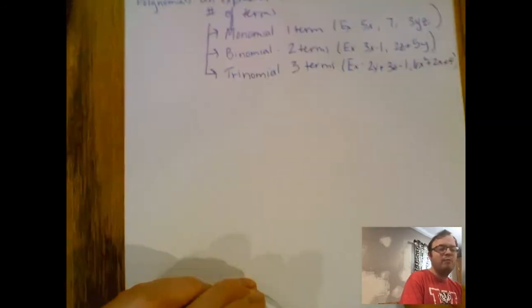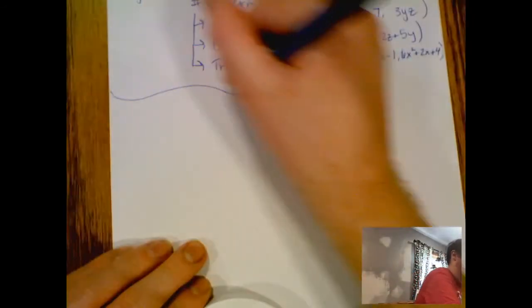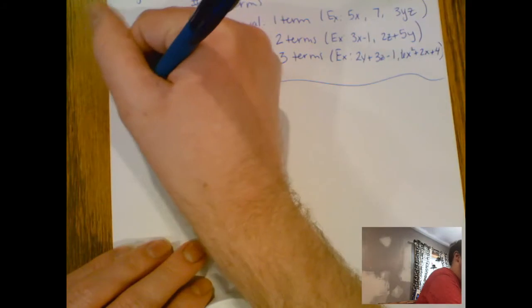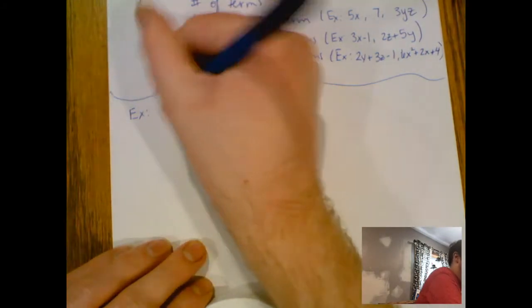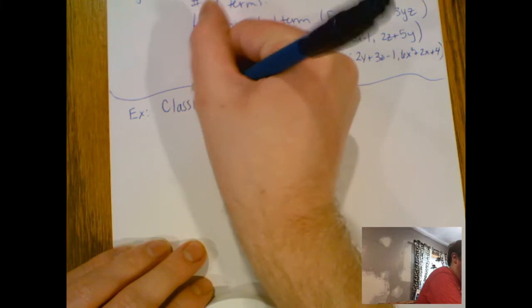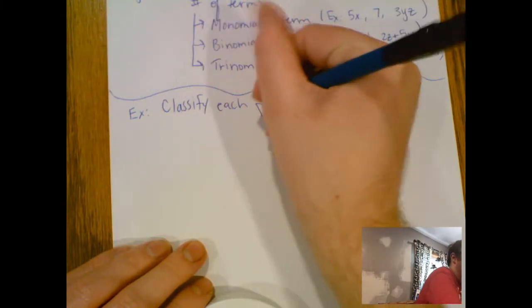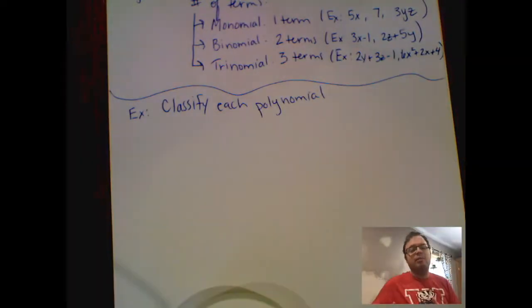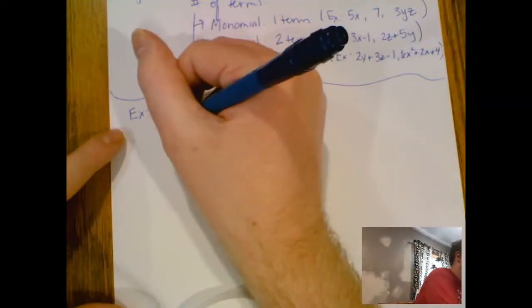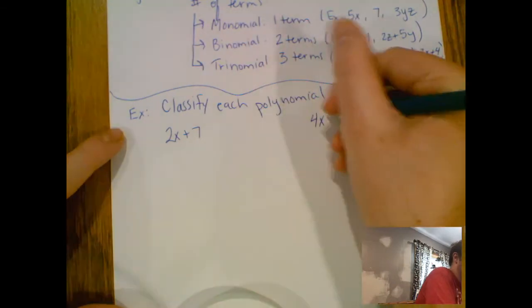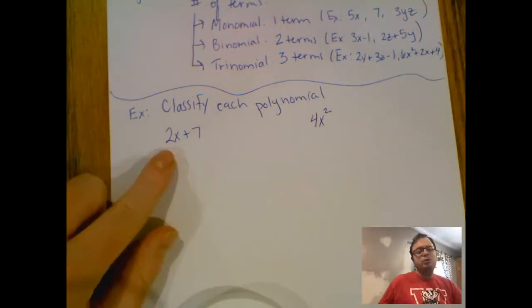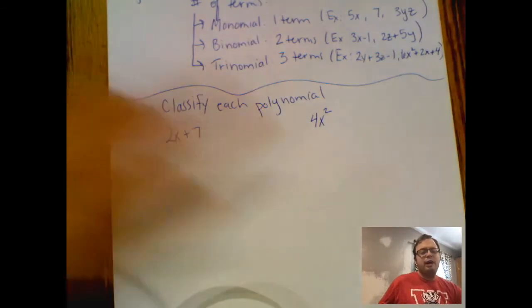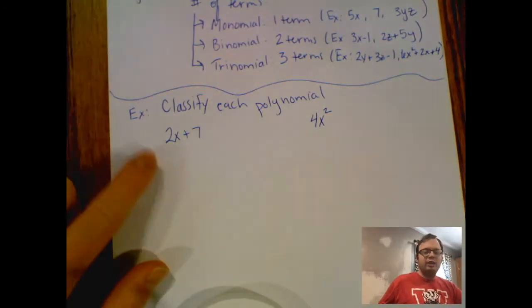At this point we might stop and ask you: classify each polynomial. I'm going to give you two examples. I've got 2x plus 7.